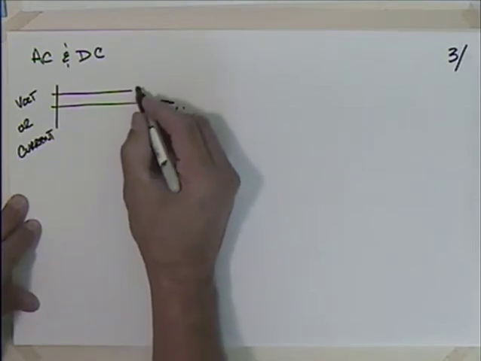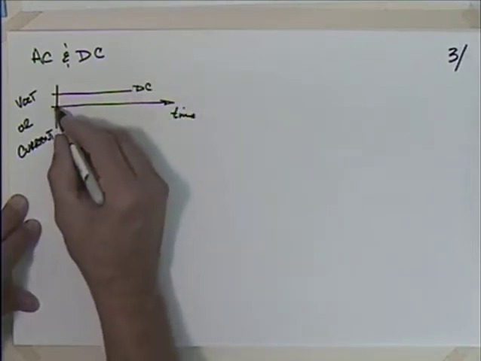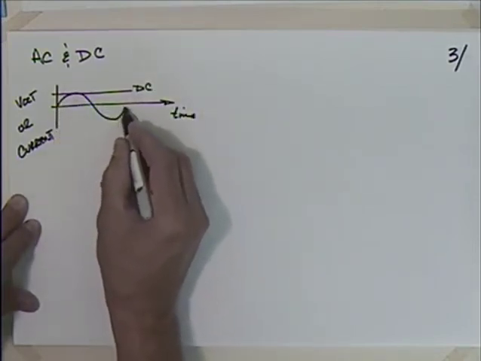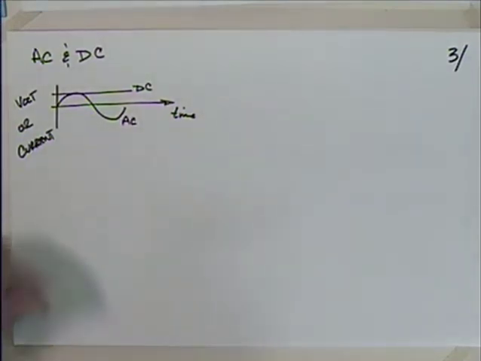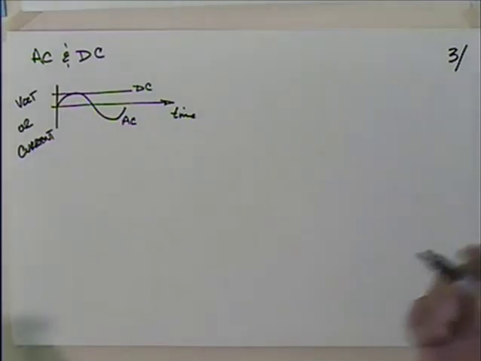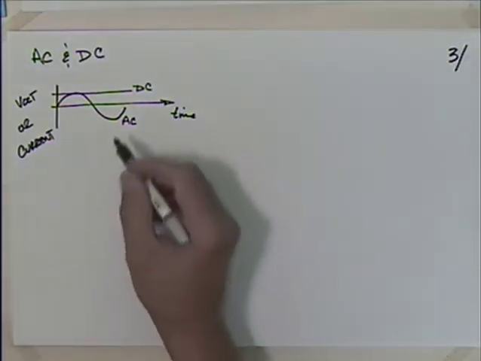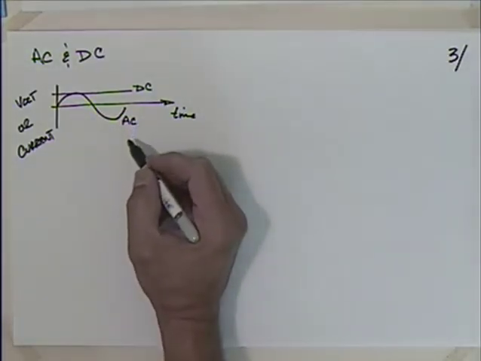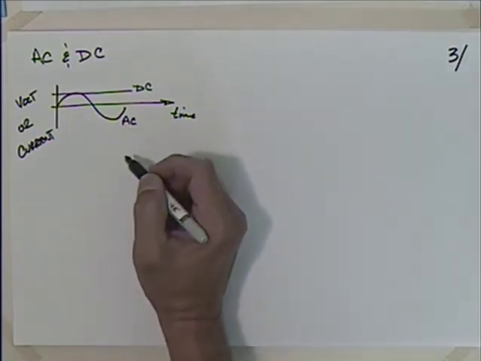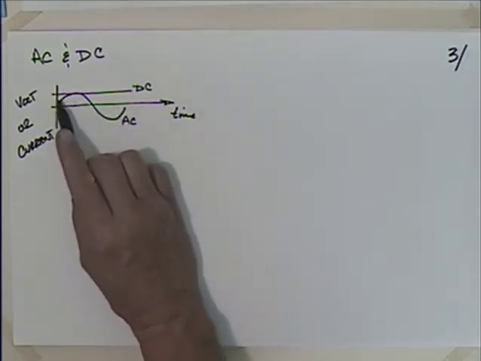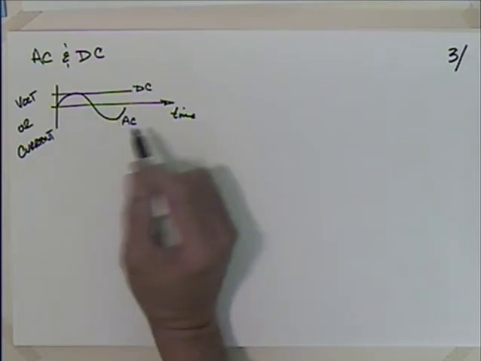It's like that. There's DC. And if we have AC, maybe it's doing something like that. It's changing with respect to time. For instance, if you're in a building, the lights are probably powered with AC, and they're literally turning on and off 60 times a second. Whereas if they were powered with DC, they would be on all the time.